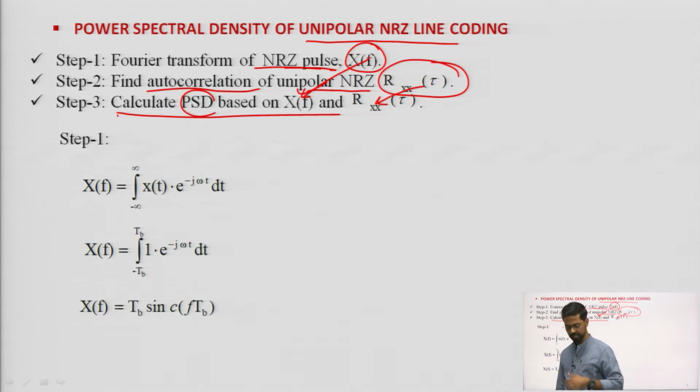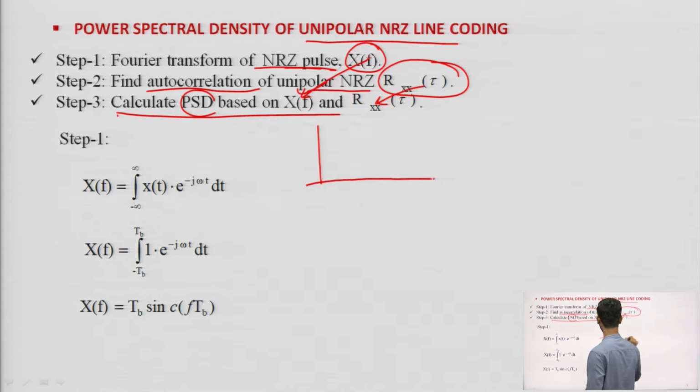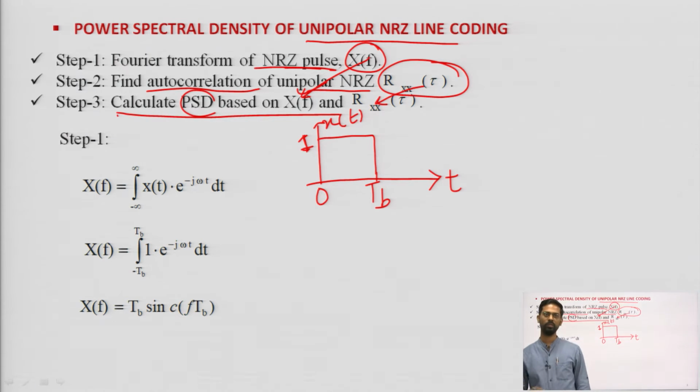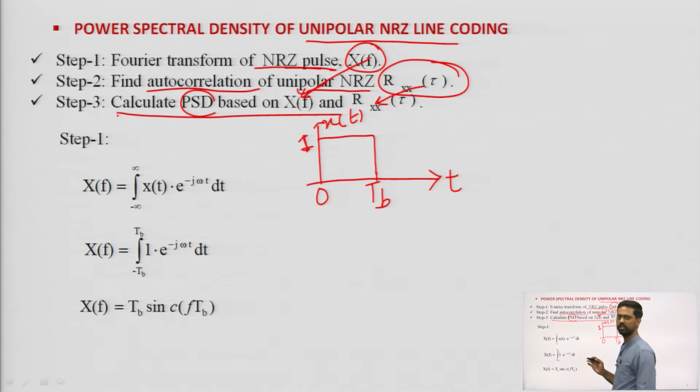So in general, we will start with step 1. We have to find out the Fourier transform of the NRZ pulse. So the Fourier transform is nothing but, we have a pulse like this, which is amplitude 1, this is the time domain, this is your x of t. This is the general square pulse.